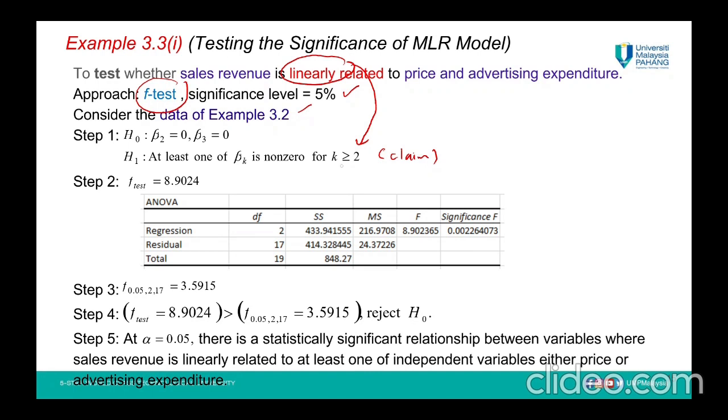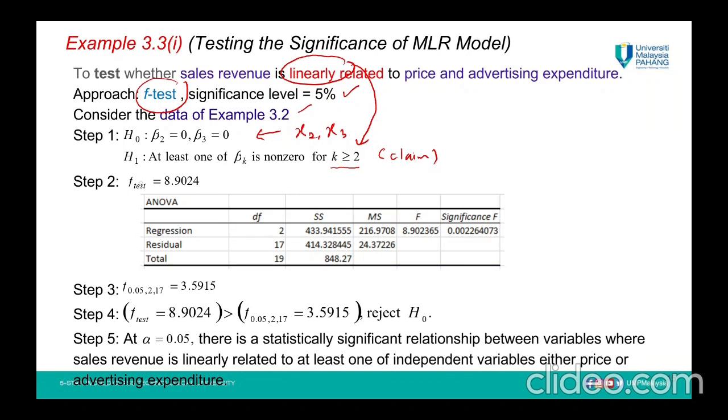And since in this case we have x2 and x3, k must be greater than or equal to 2. Then we construct H0, that is beta 2 equals 0 and beta 3 equals 0. Note that this represents x2 and x3, since beta 2 and beta 3 are the parameters for the independent variables x2 and x3 respectively.